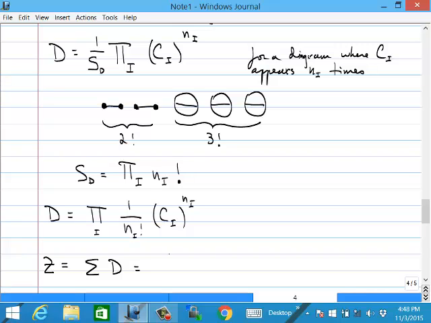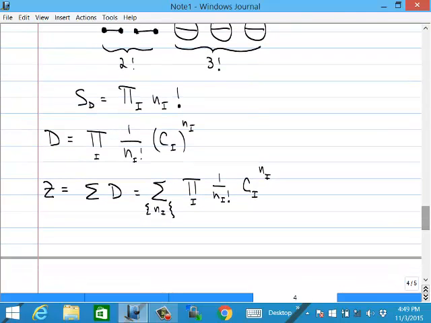So that means that you need to sum over all possible values of those integers Ni of the value of the diagram where you have the connected diagram Ci appearing Ni times. So you have to sum over all collections of positive integers Ni, 1 for each type of connected diagram, times the value of one of those particular diagrams.